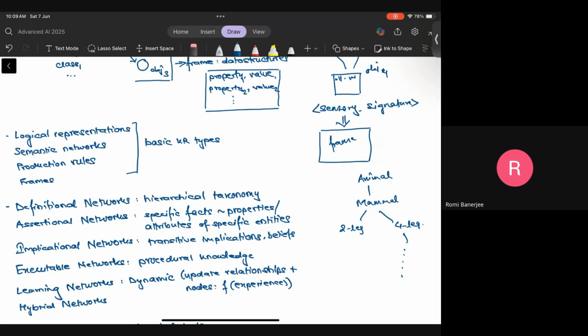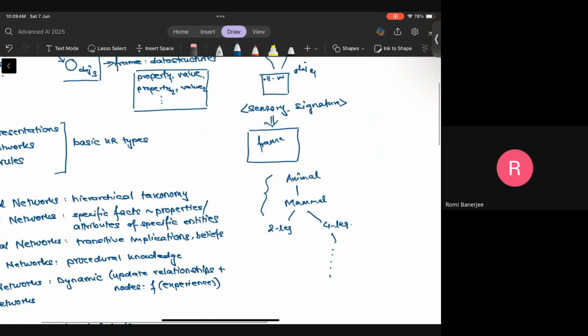Assertional networks are like activations of certain instances of an object. Okay, so when I talk about a definitional network like this, an assertional network would be, for example, animal, mammal, four-legged, dog, Tim.